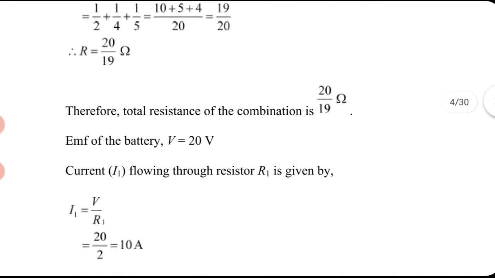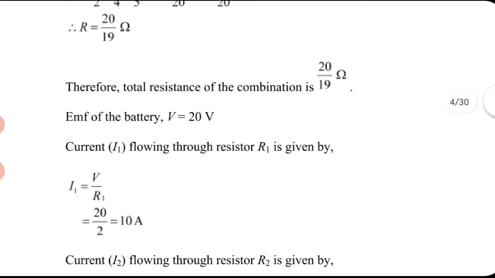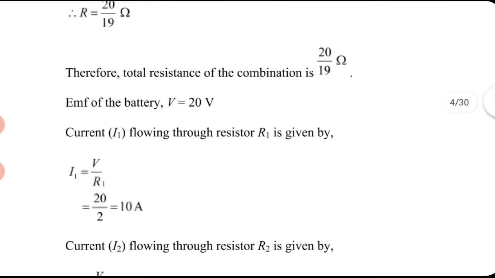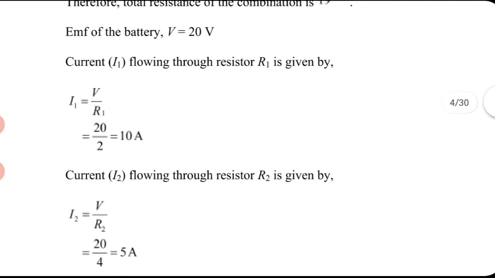Now current through each resistor you are asked to find. The thing is this, since the EMF of the battery is 20 volt, the potential drop across each one will be 20 volt. So you can easily calculate that current. Through the first resistor it will be 20 by 2, that is 10 ampere.